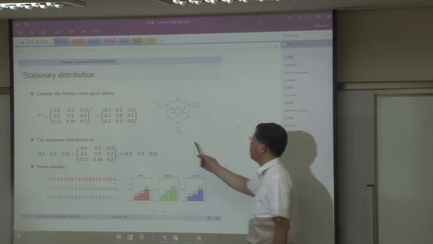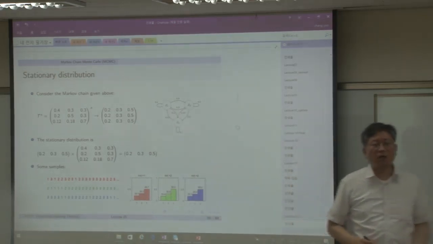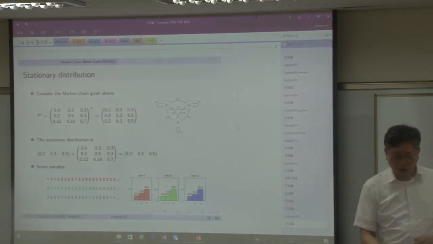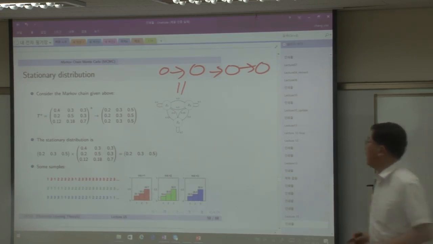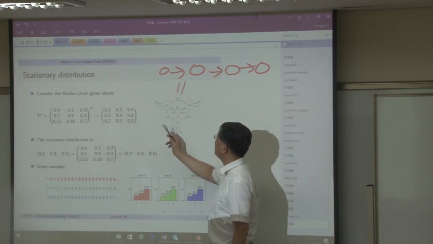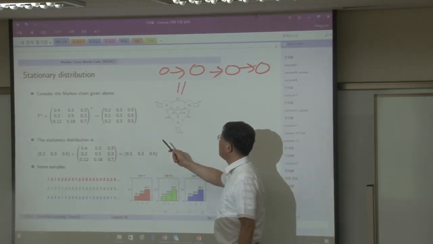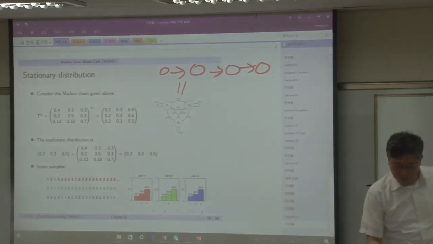So here is another finite state machine which represents another Markov chain. Each of the nodes here represents either Z1, Z2, or Z3.